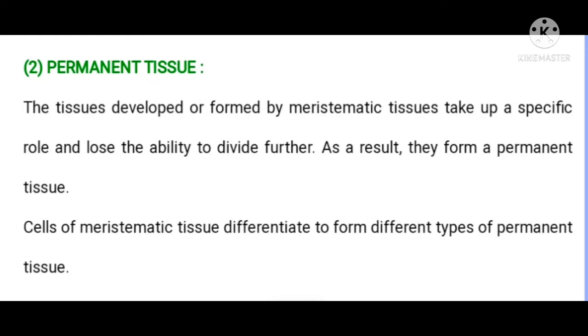They can't divide more. As a result, permanent tissues are formed. Cells of meristematic tissues differentiate to form different types of permanent tissue.